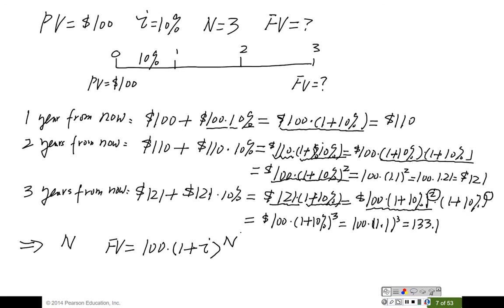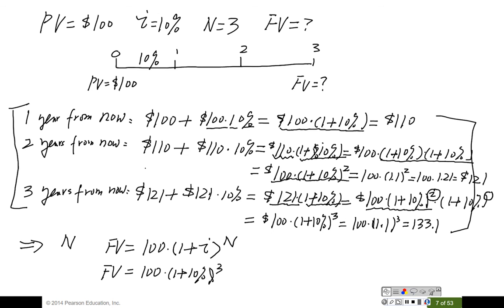Because this question calculated future value 3 years from now, you simply use 100 times 1 plus 10% to the power of 3. The procedure I show you here just helps you understand where this equation comes from. In the future, you can simply apply this equation.